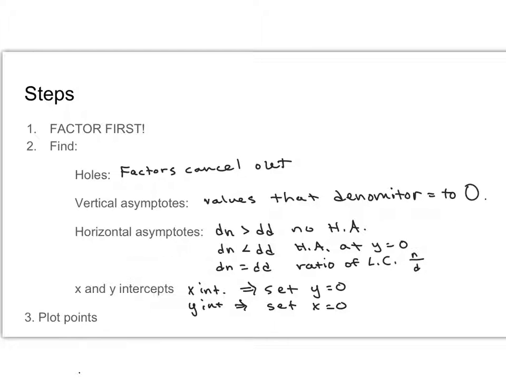And last, you're going to need to plot points. And to do that, you're going to need to plug in values for x around your vertical asymptotes, and any other places you're unsure of.